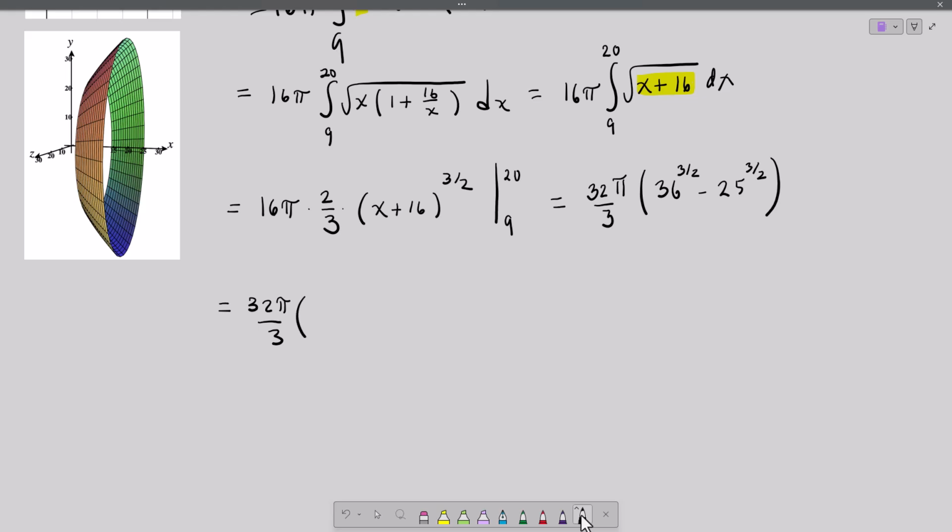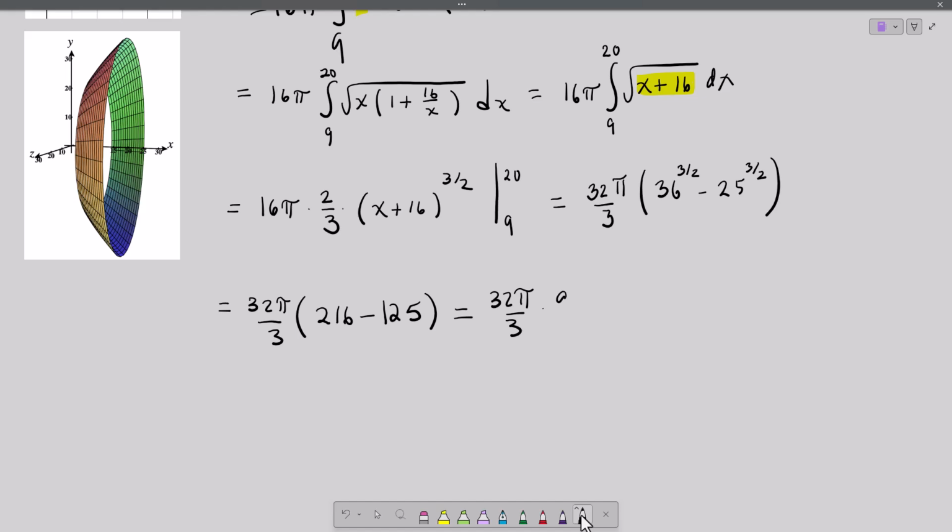Square root of 36 is 6, 6 cubed is 216. Square root of 25 is 5, 5 cubed is 125. And then we can do the subtraction there and get our final answer once we multiply those together.